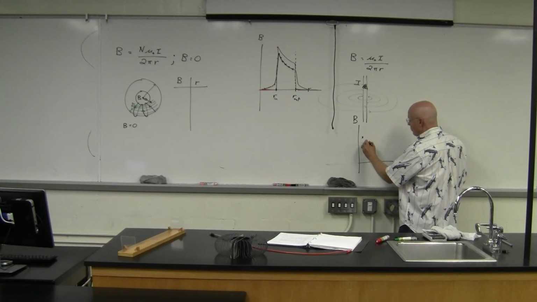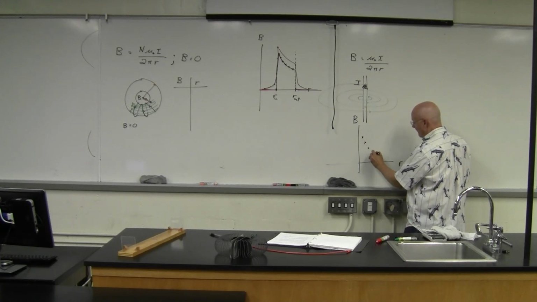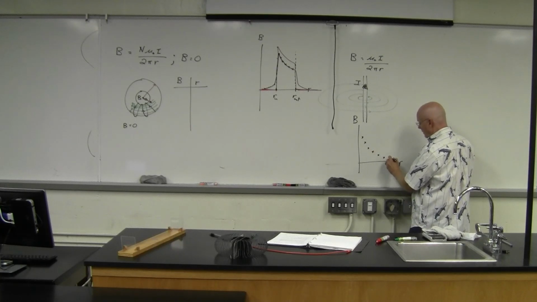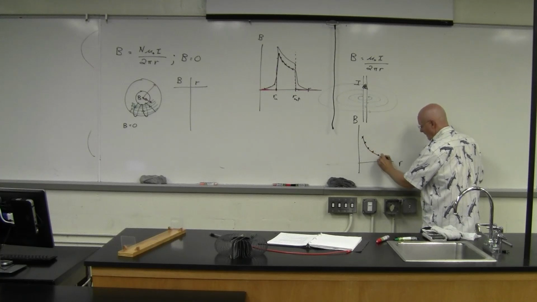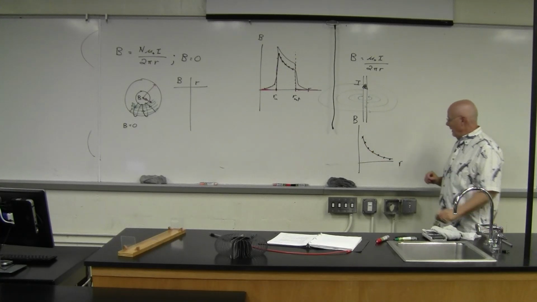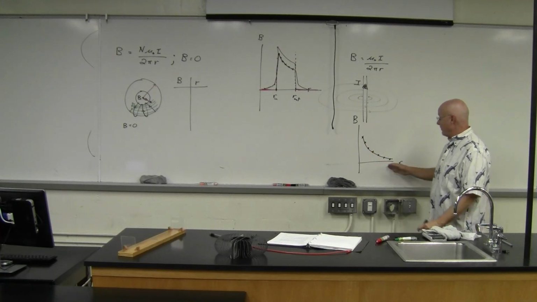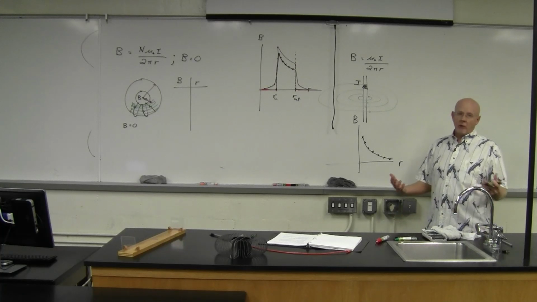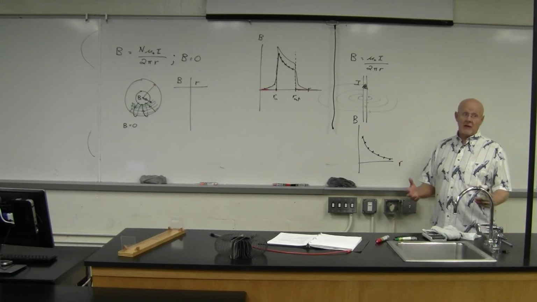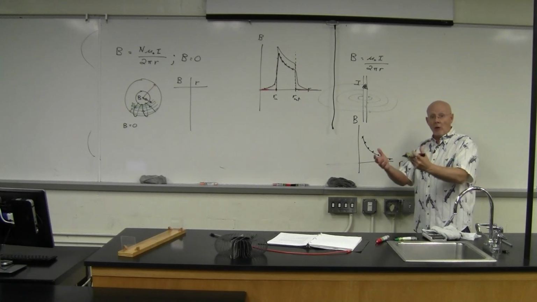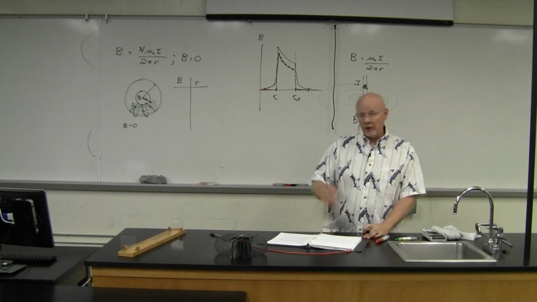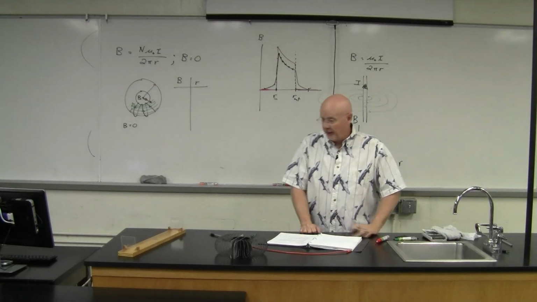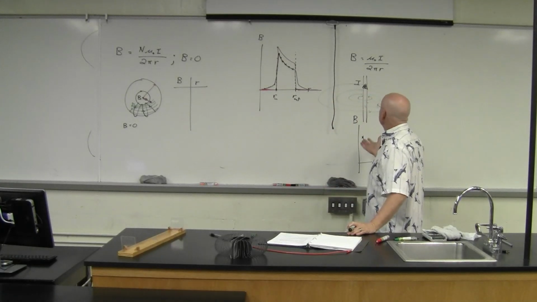And then as I move away, it should follow the shape of a hyperbola. There is no zero. And we don't have to go very far before we can't measure anything more, or to say it a different way, we get overwhelmed by the background magnetic field, the Earth's magnetic field and the rebar in here, because this field is just not that strong.